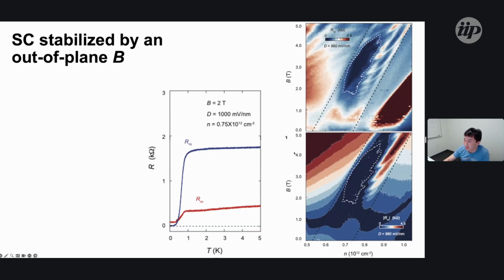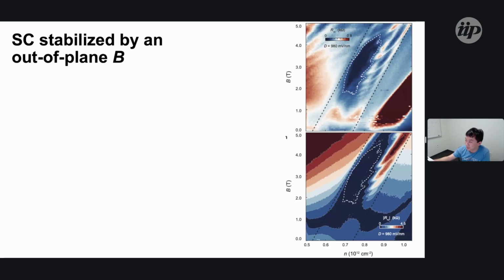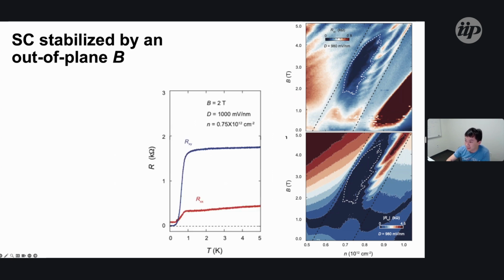Right. So another interesting thing is that at the low density side, right, there is a very large enhancement in the conductivity. And that's actually indicative of an emergence of a superconducting phase, right? And if we were to move the displacement field a little bit within the same pocket, you can see the superconducting phase that's next to these re-entrant integer quantum Hall effect states.